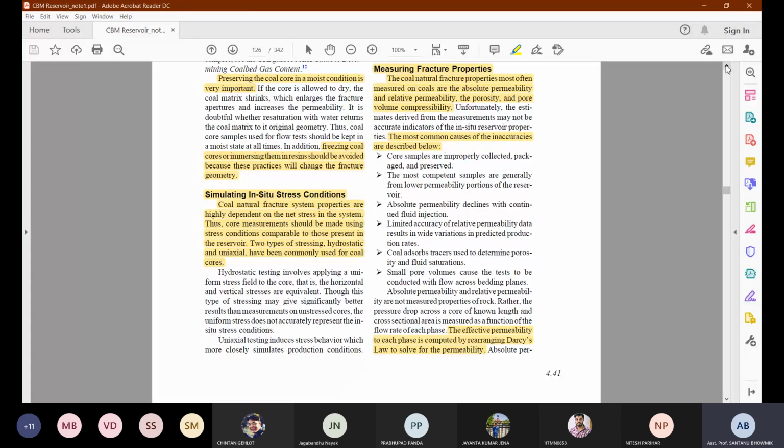And their aperture can obviously vary. There may be free space, a totally open fracture, a partially filled fracture, or a totally filled fracture. But in general, when you put the value in the simulation, we actually take a single average value for all the fractures in that direction, and we give the value as the permeability.